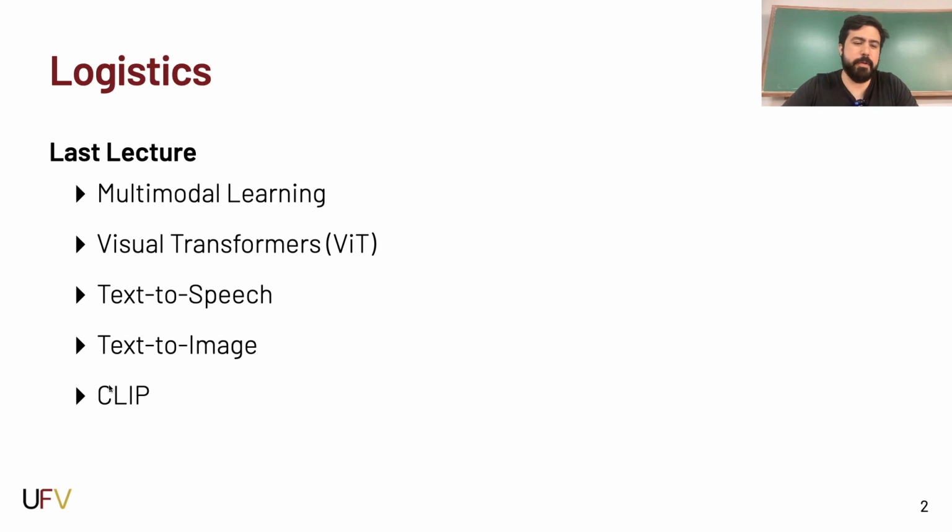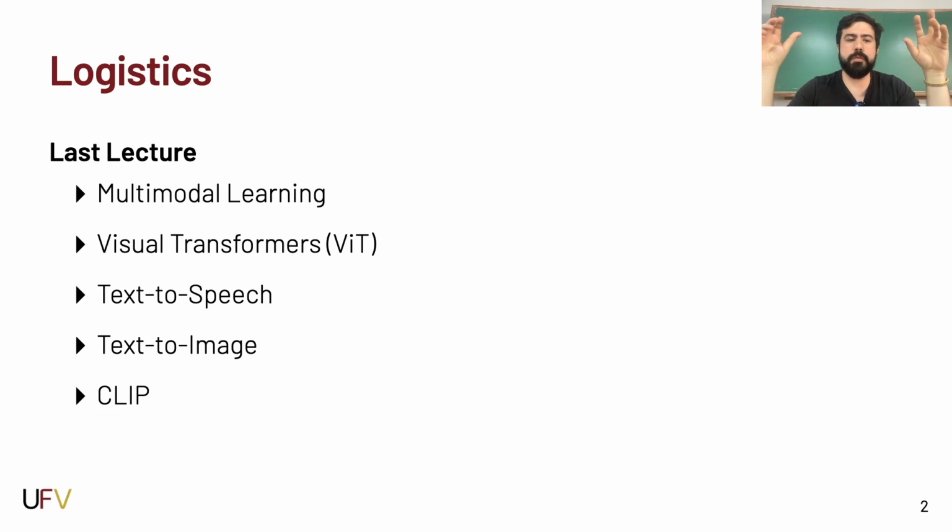And then at the end, very quickly, you talked about CLIP, which is this very cool idea of learning embeddings for images and text in a combined space. So if you get the embedding of the word dog, that embedding would be close to the embedding of an image of a dog. This is very cool because it helps you build different types of applications.